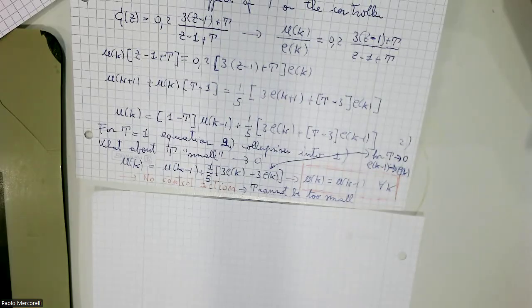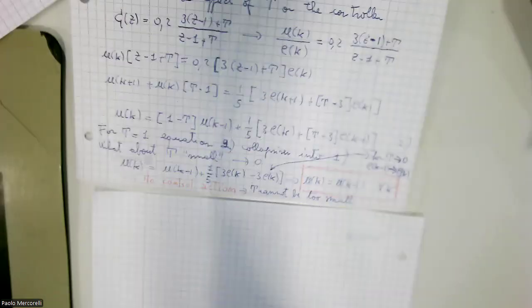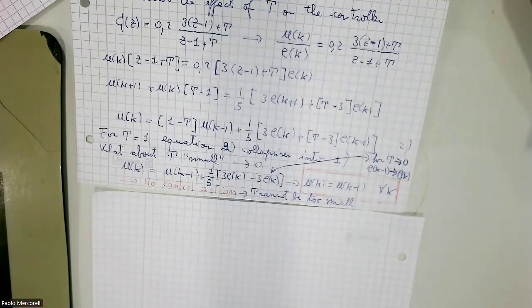This is what results, or we tend to the situation if T tends to 0, if T is too small. We can see that the controller doesn't work. Therefore, as I told you at the beginning, we lose the controllability, the reflection of the controllability being that the controller is alive.